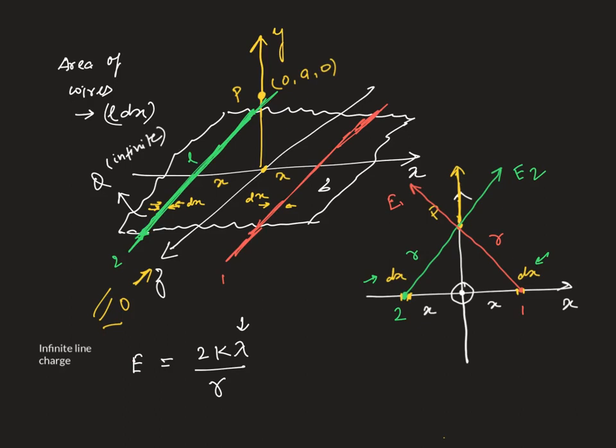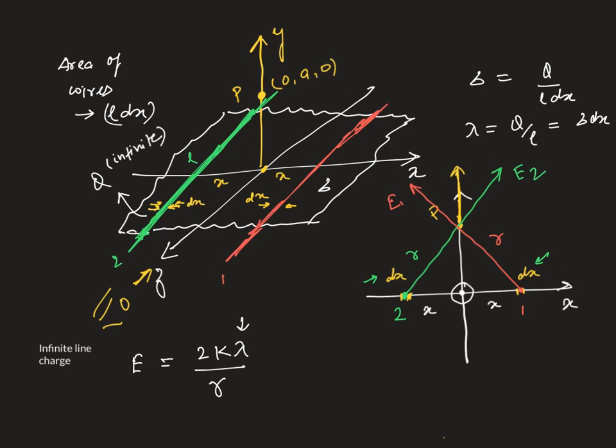So what will sigma be equal to? Sigma will be equal to q upon area, that is L into dx. Now what is lambda equal to? Lambda is simply equal to Q upon L, and L is infinite, we know that, there is no question about that, but we simply need Q upon L, and in order to find Q upon L we simply write it as sigma into dx.